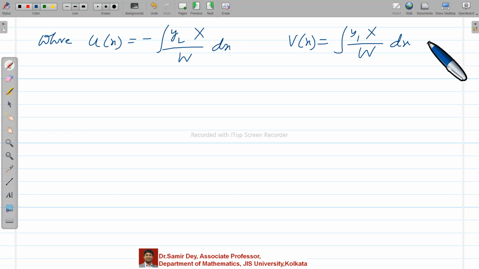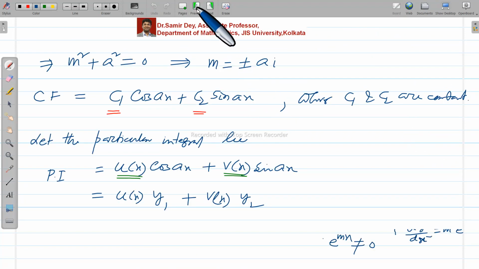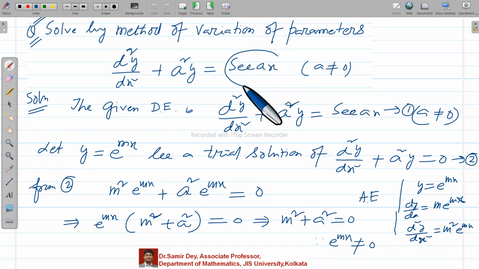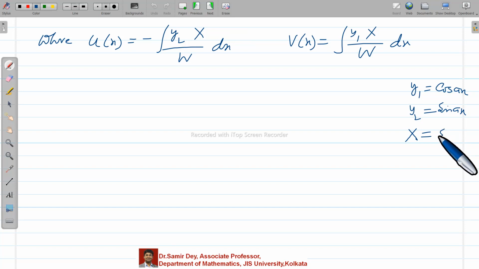Now, you already know y1. y1 is equal to cos ax. What is your y2? y2 is equal to sin ax. What is your capital X, on the right side? This one, correct? So please write down, it should be sec ax.